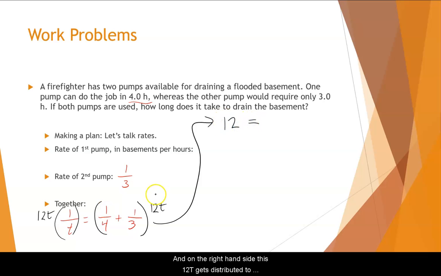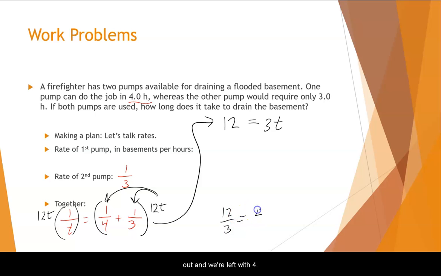And on the right-hand side, this 12t gets distributed to both of those terms. 12 over 4 simplifies out to 3. We're left with 3t. And 12 times 1/3, the 12 and the 3 simplify out, and we're left with 4. So 4t.